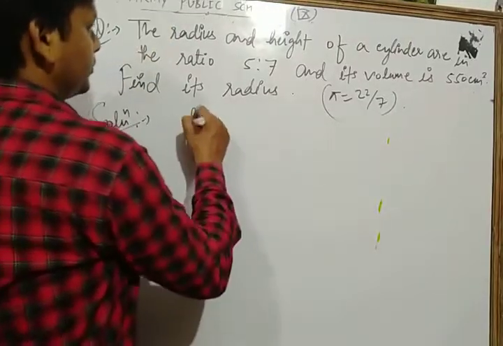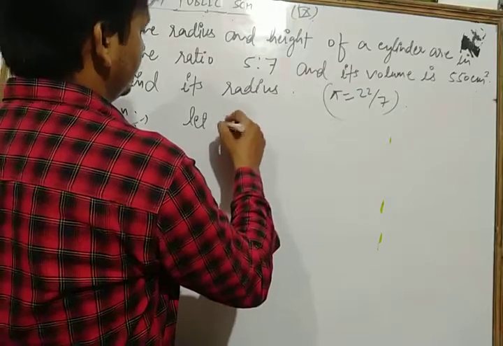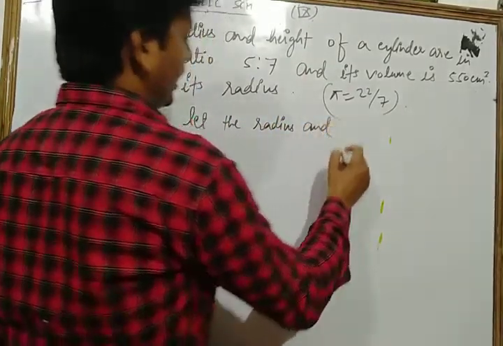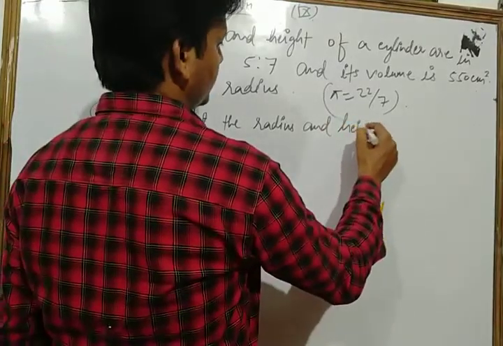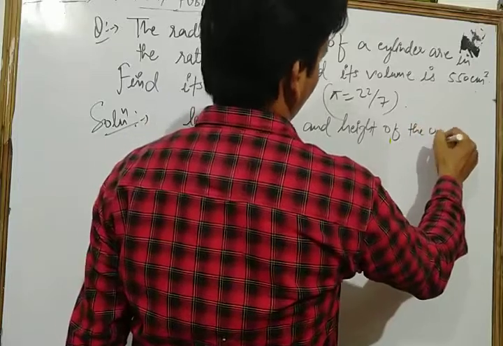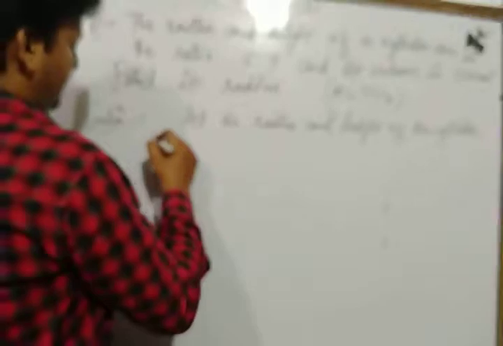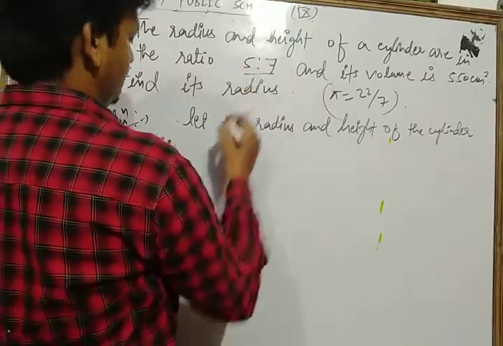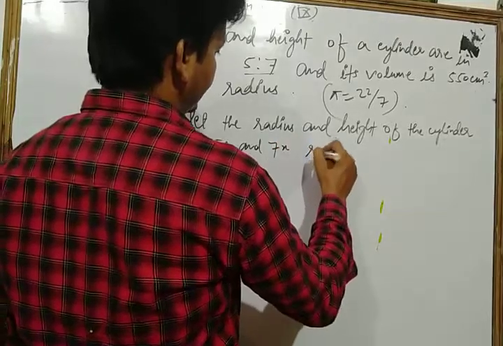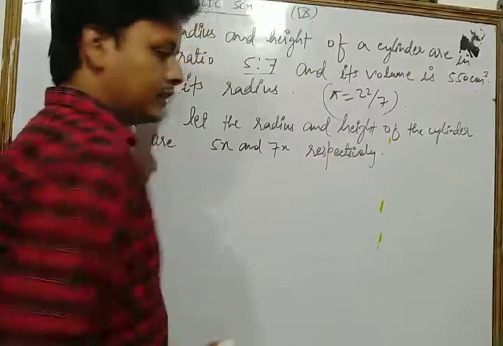First of all, let the radius and height of the cylinder be 5x and 7x respectively.